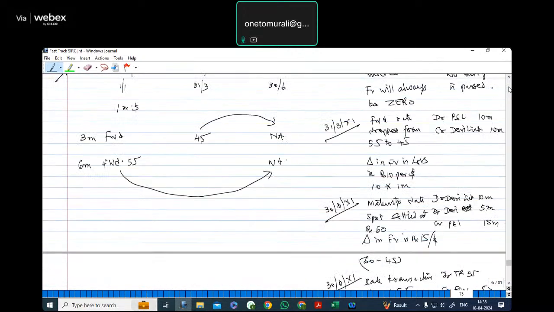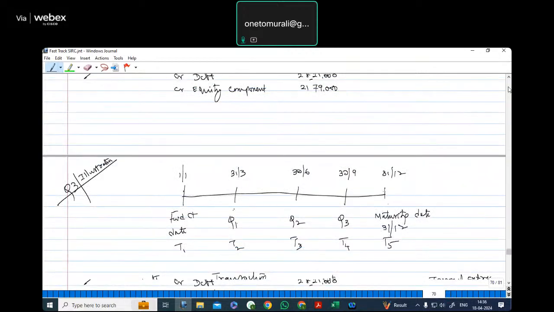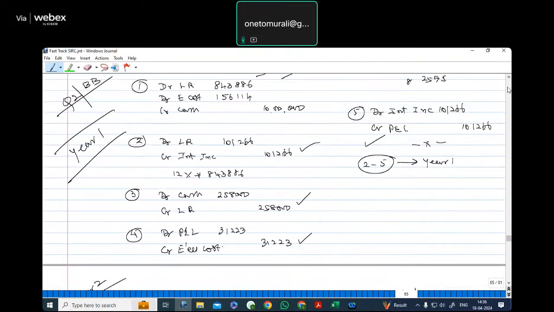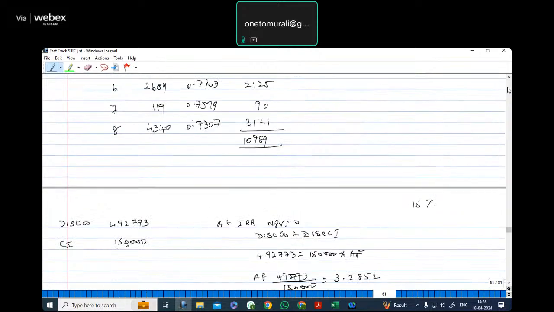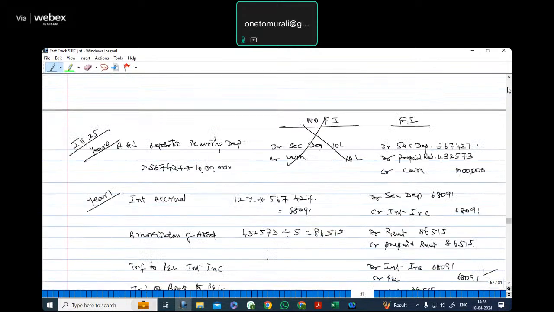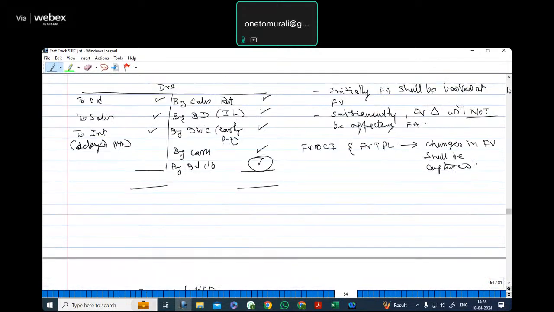Now let me just check through our past notings, the accounting standards that we have completed today. That is, we are giving importance to them.